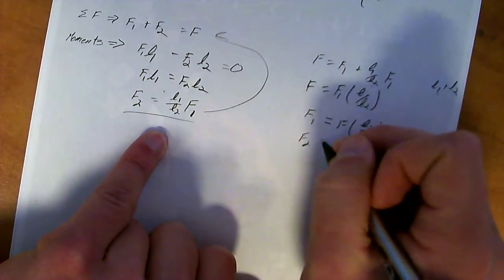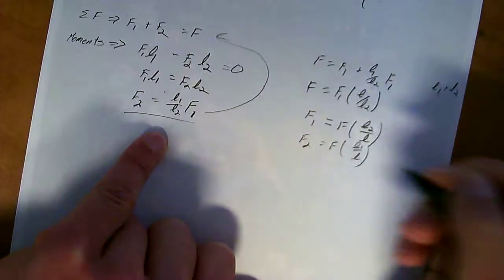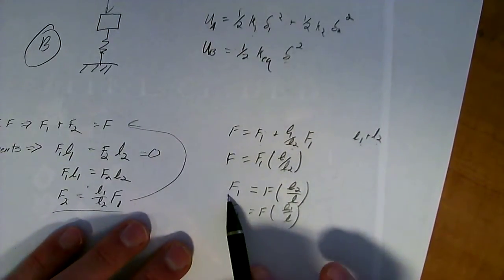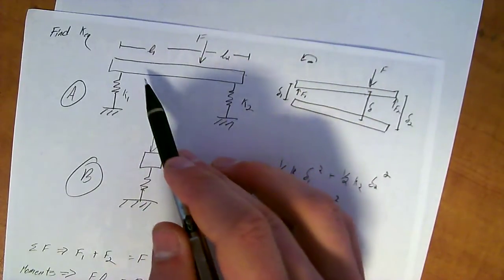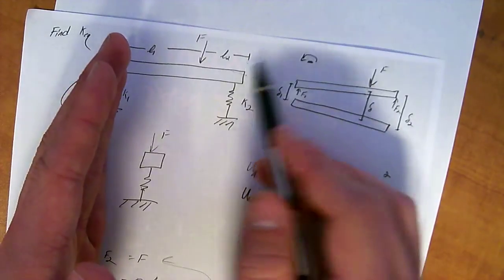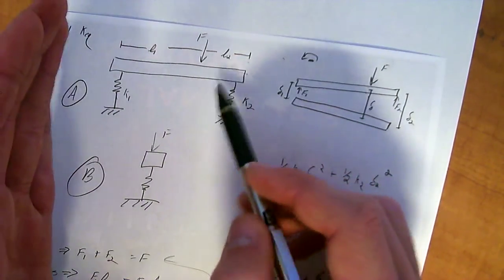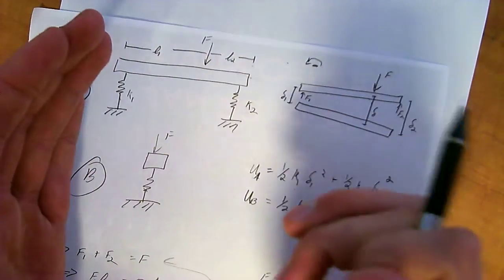And again, using that relationship that we found earlier, if we've got F1, then F2 is equal to F times L1 over L. Now, there's an interesting thing about this relationship: you've got L2 over L, the total length. So whichever side the force F1 is on, you take the length opposite to it over the total length, and that's the ratio you have.